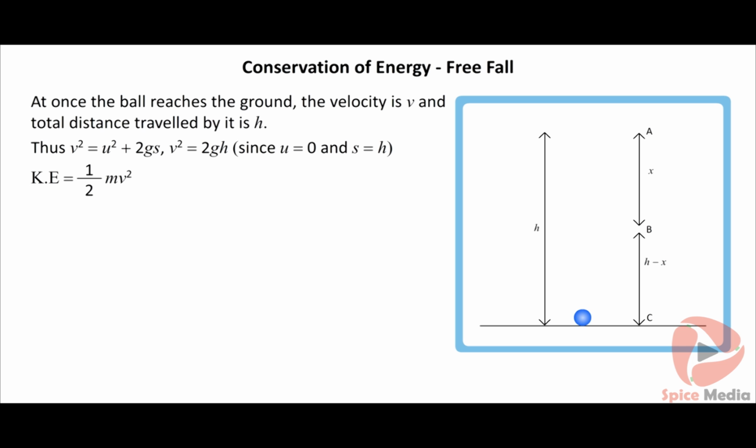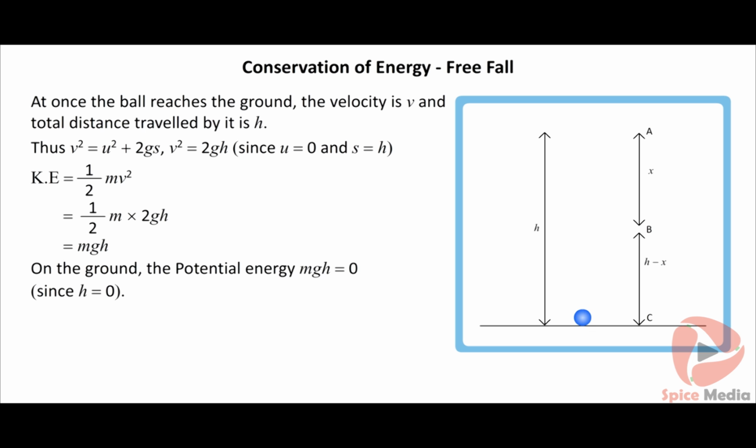Therefore, KE is equal to half mv square, which is equal to half m into 2gh, which is equal to mgh. On the ground, the potential energy is equal to 0. Total energy is equal to mgh plus 0, which is equal to mgh.